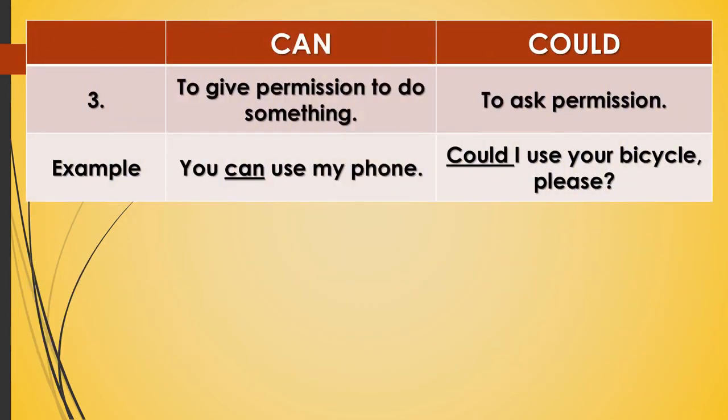When we have to give permission to do something, we use can. For example, you can use my phone. When we have to ask permission to do something, we use could. For example, could I use your bicycle, please? So it is showing politeness here.